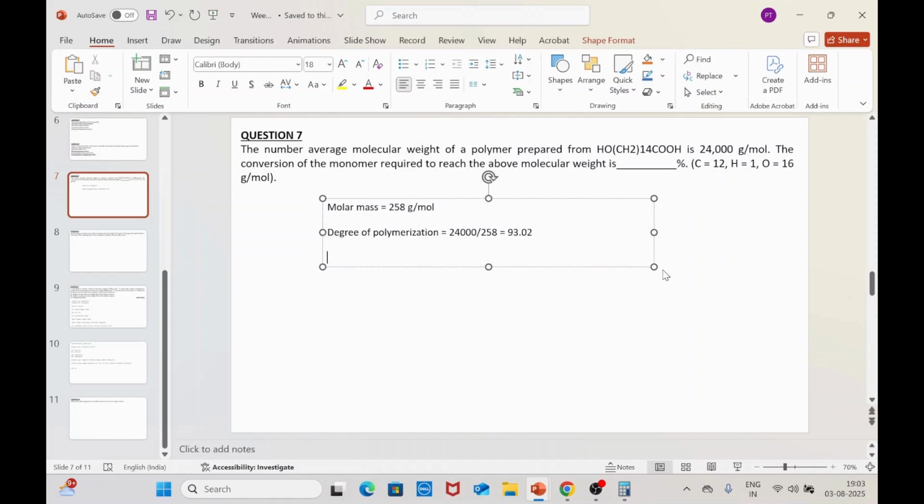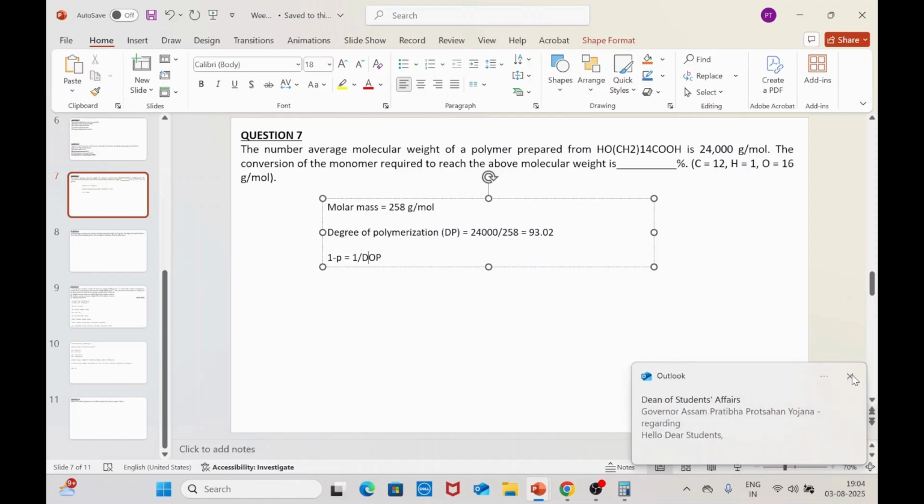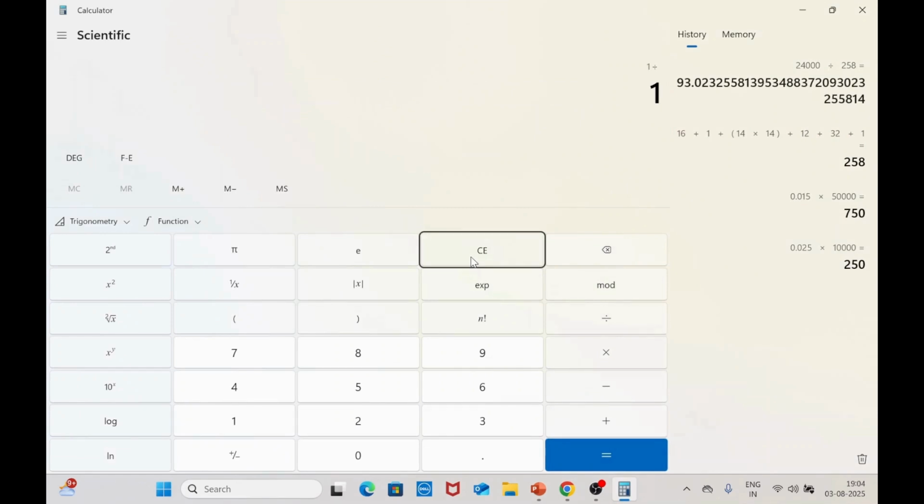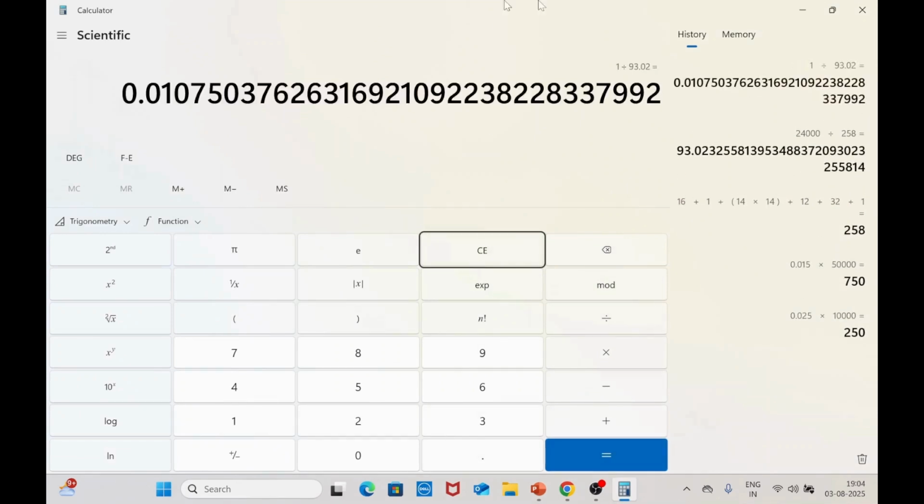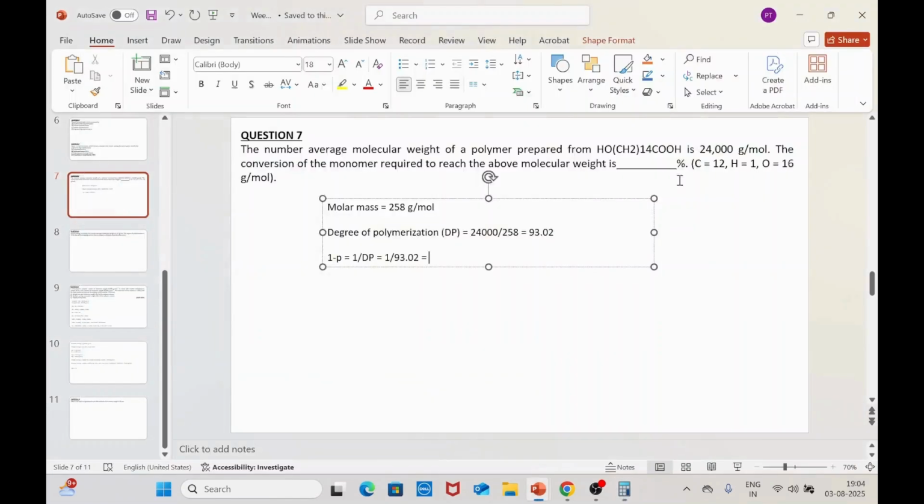So, as somebody just told, 1 minus p, where p is the extent of reaction, is 1 by the degree of polymerization. Let me keep it as DP itself. So that would be nothing but 1 by 93.02, which is 0.0107.